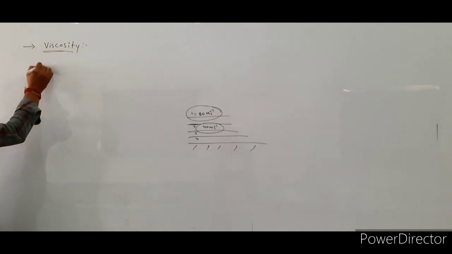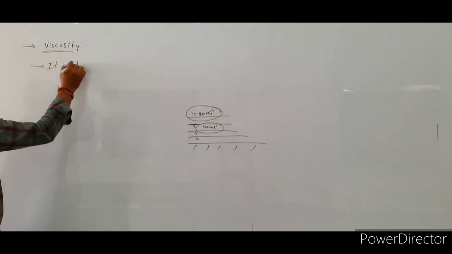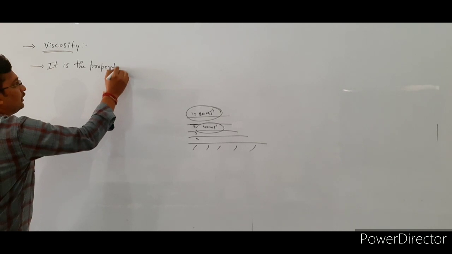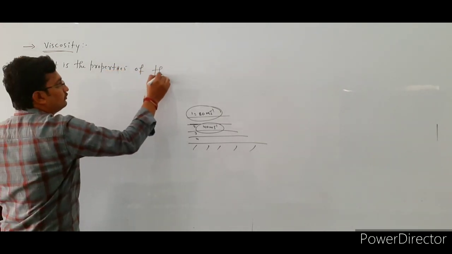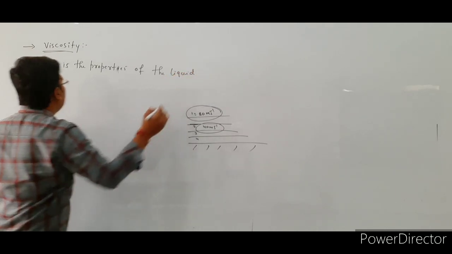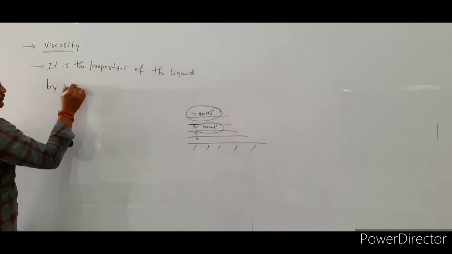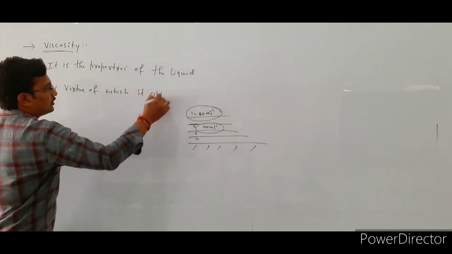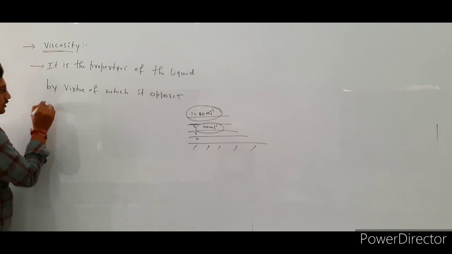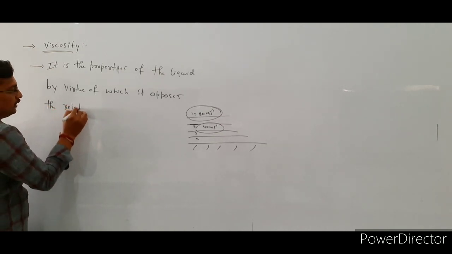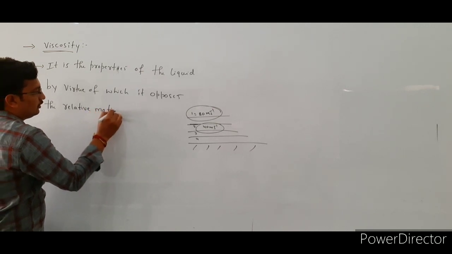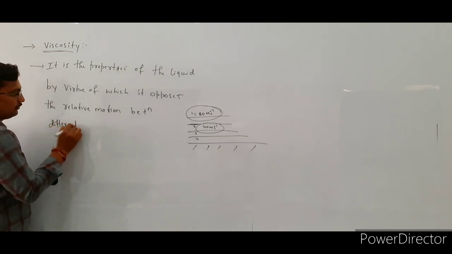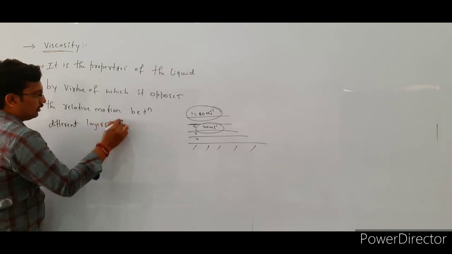Here you will write the definition. It is the property of the liquid by virtue of which it opposes the relative motion between different layers of the liquid.